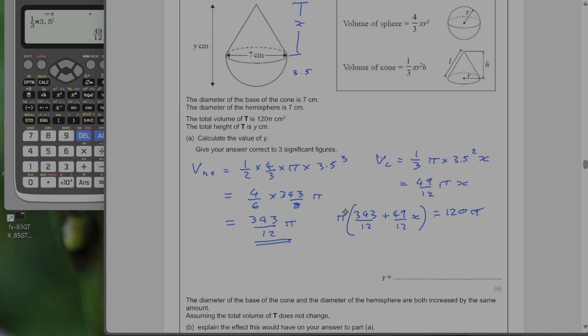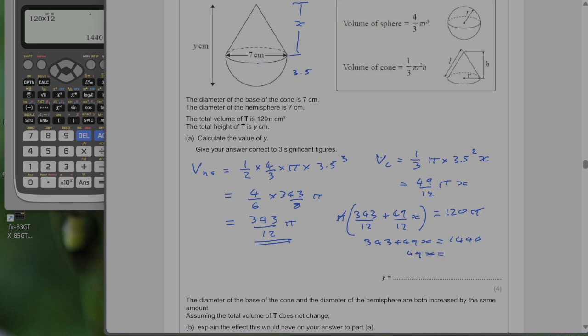Then I can get rid of my pi's. Right, I'm going to times through by 12 just to get rid of my denominators. So 343 plus 49x is going to be equal to 120 times by 12, which is going to give me 1,440.